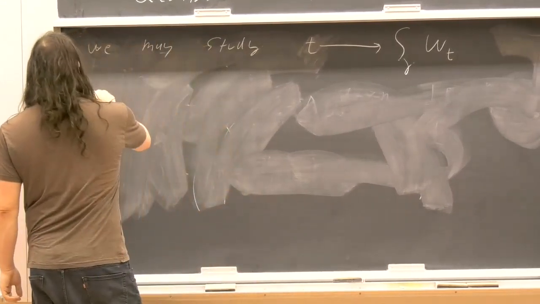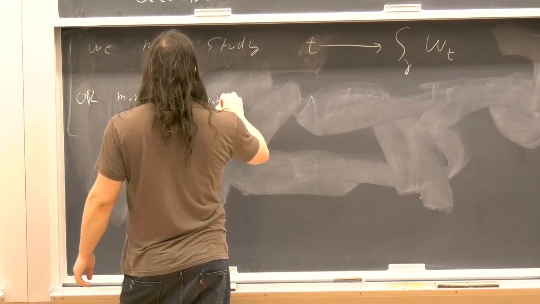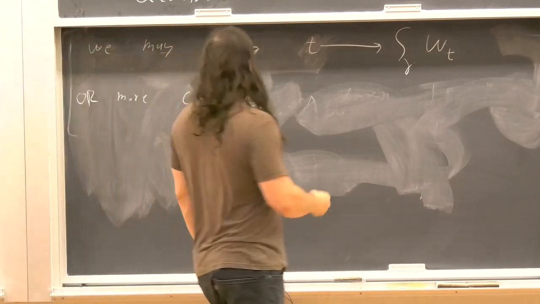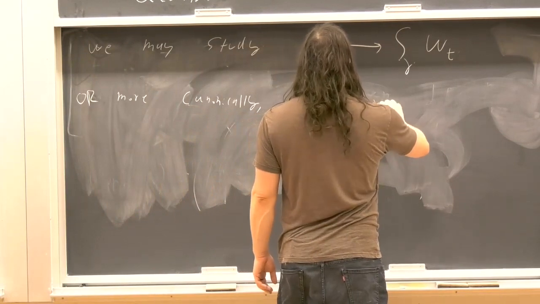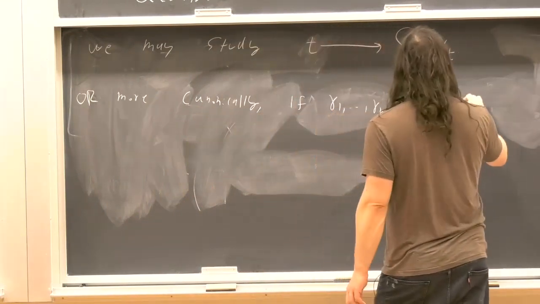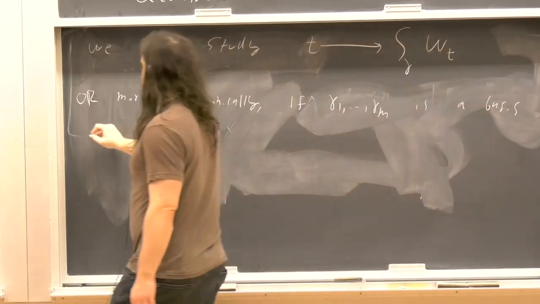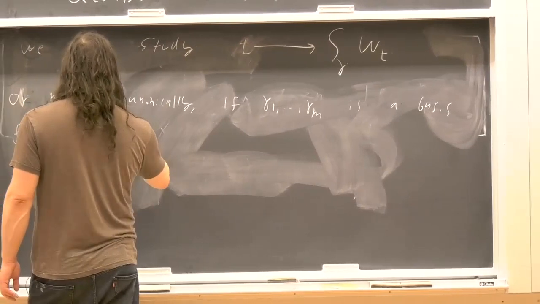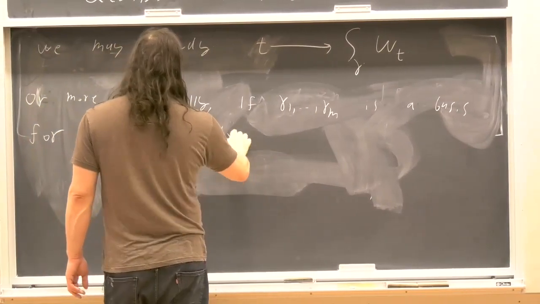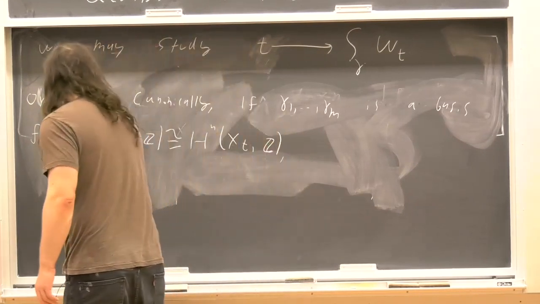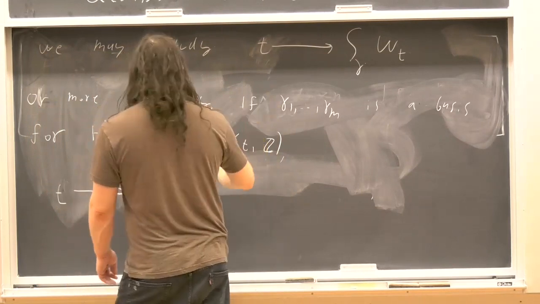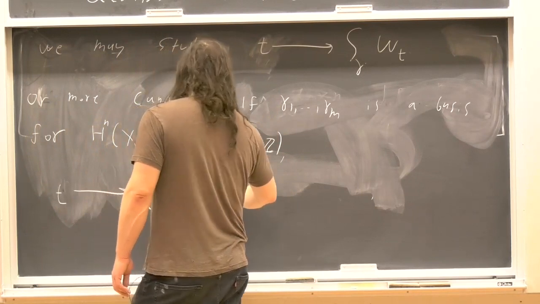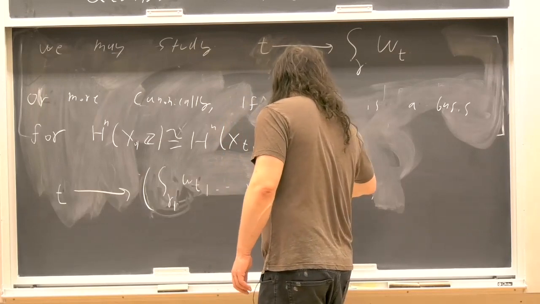So more canonically, what we actually end up studying in this case, the data that's intrinsic to the Hodge structure, intrinsic to X: if we pick a basis, gamma 1 through gamma m, for H_n of x_0, z, canonically isomorphic again to H_n of these x_t, z's, we may study the map t goes to all of these integrals, the integral over gamma 1 of omega sub t through the integral over gamma m of omega sub t.